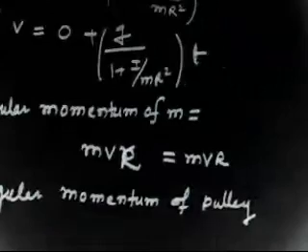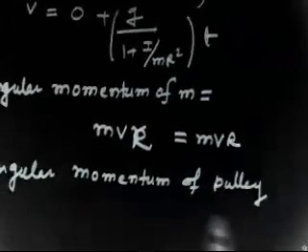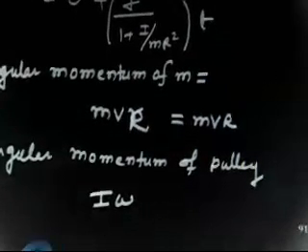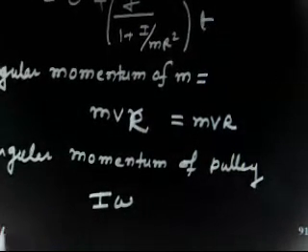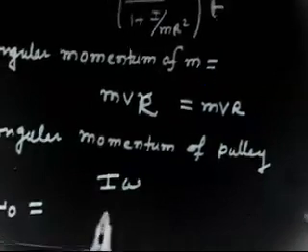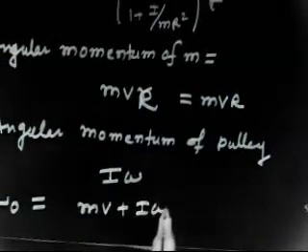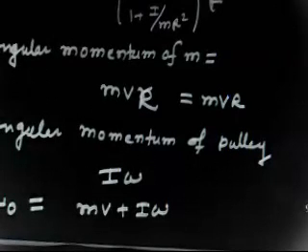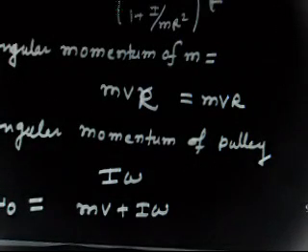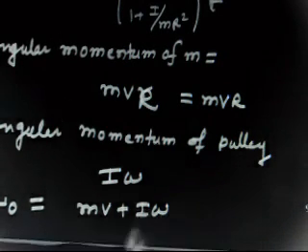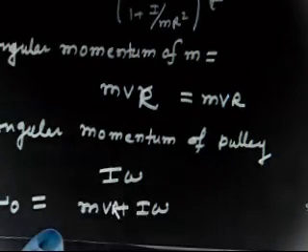Now angular momentum of pulley is simply I into omega, because this is simply rotating. So what is the total angular momentum about O? This will be mvr plus I into omega. Are you getting or not? Here we should have capital R, mvr.